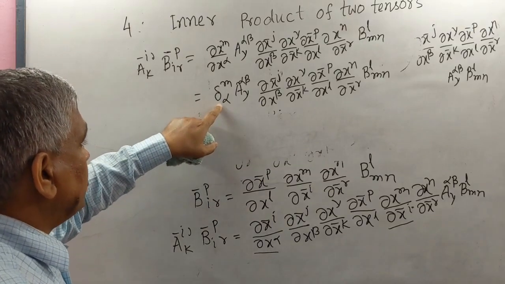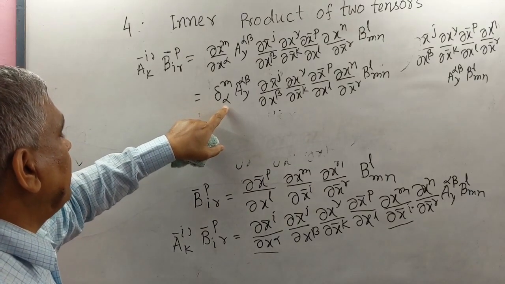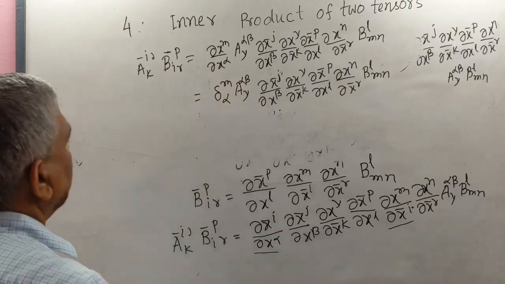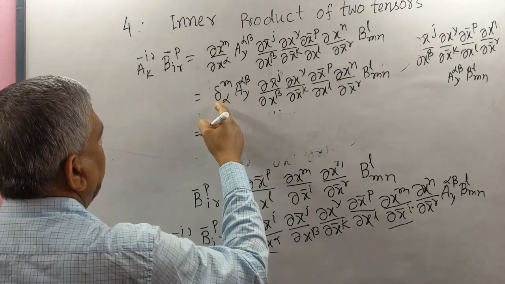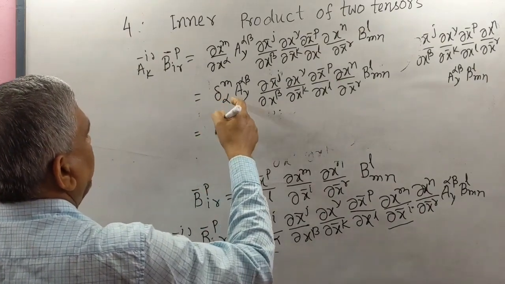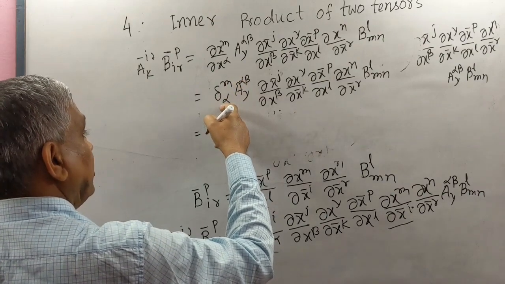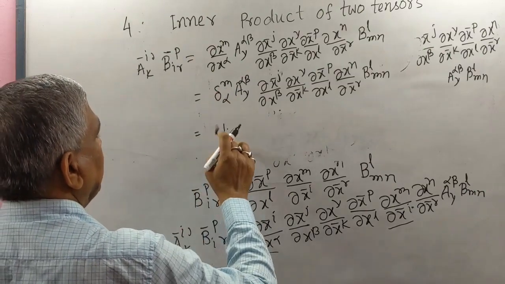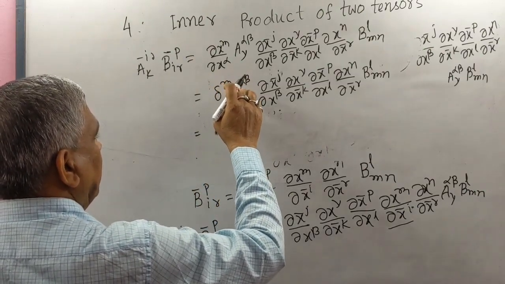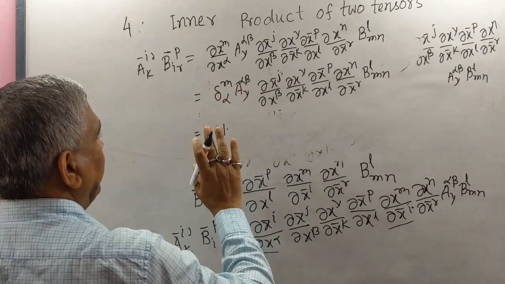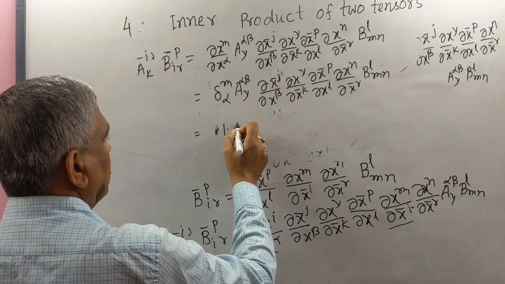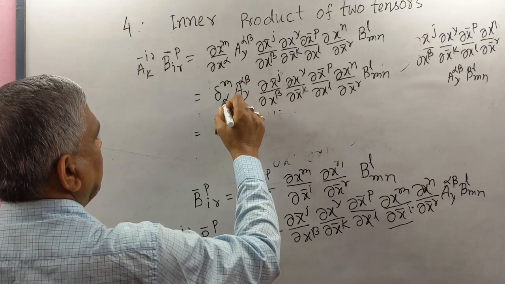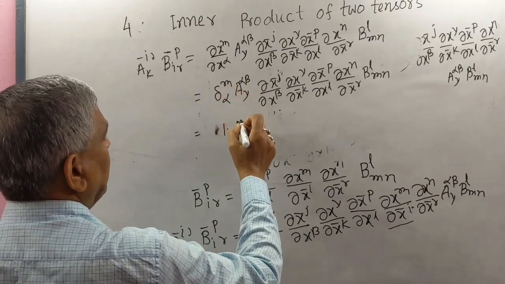Here this is Kronecker delta. If the value of alpha equals m, then 1, otherwise 0. Here alpha is the dummy suffix. The value of this is 1 for alpha equal to m, otherwise 0. So we do not write the 0 terms, we only write the value of delta alpha m equal to 1. So we also write m when alpha equals m, then 1.